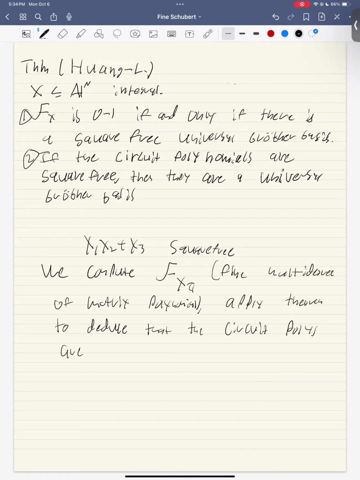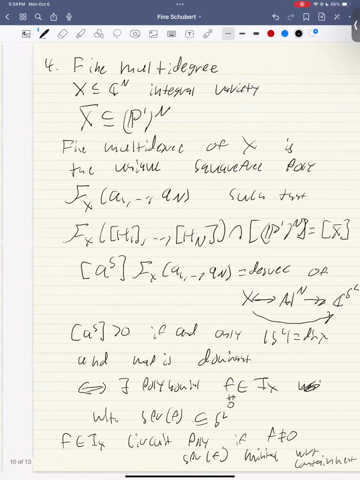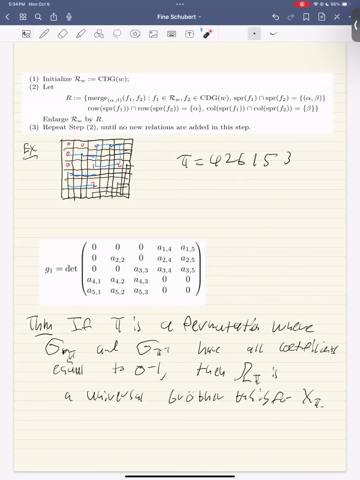Behind this complicated definition of the merge operation, really what we're doing is looking for polynomials in the ideal of the matrix Schubert variety that have minimal support. If you look at this example polynomial, its spread does not contain the spread of any of the CDG generators. A CDG generator looks like a 3x3 minor with a byte taken out of it, and none of those are contained inside here.